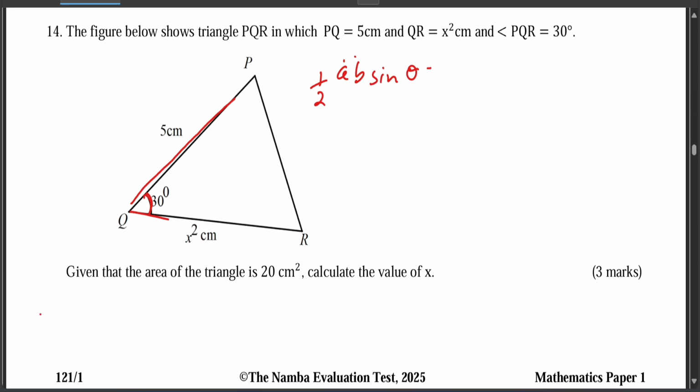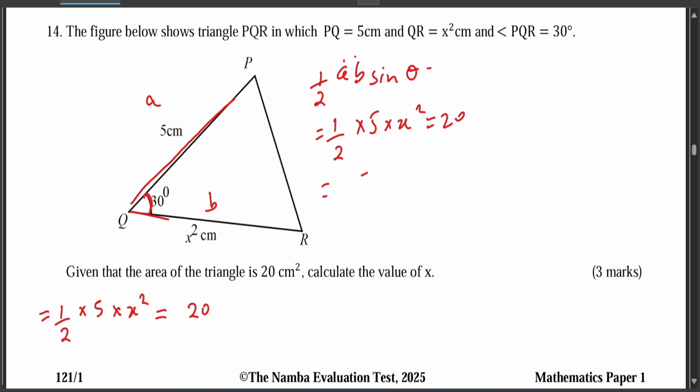So a half times your a, which is 5, times your b, which is x squared, is equal to the area itself. So I'm writing here a half times 5 times x squared equal to 20.